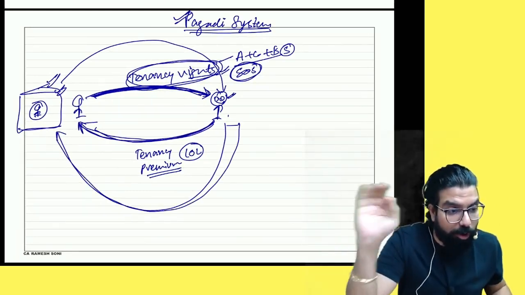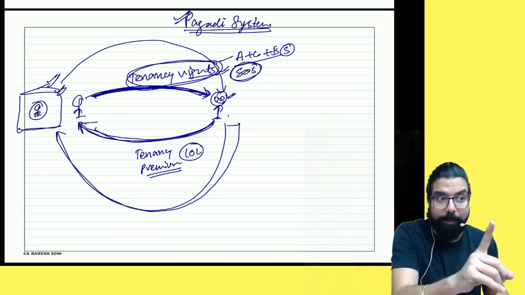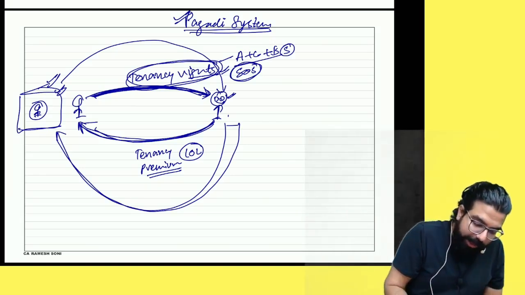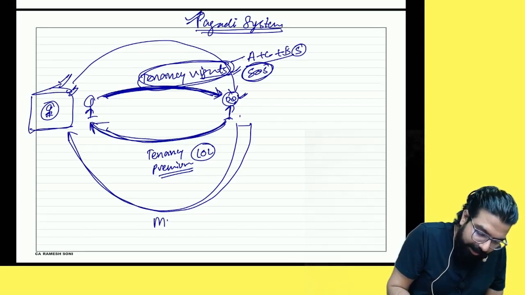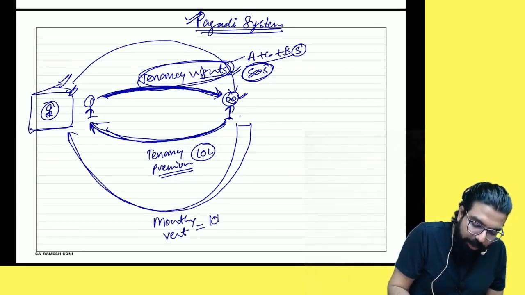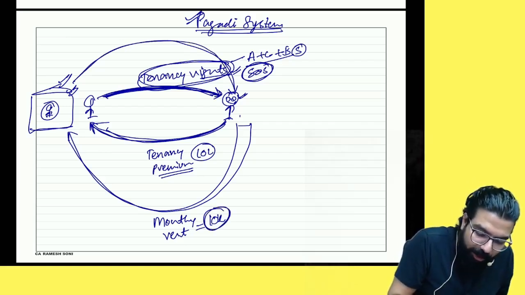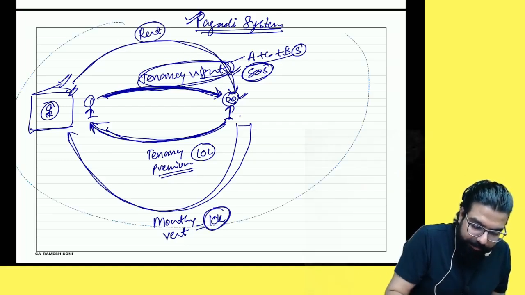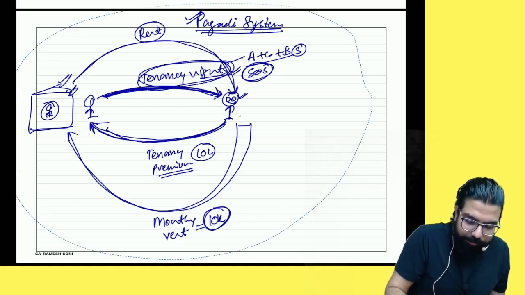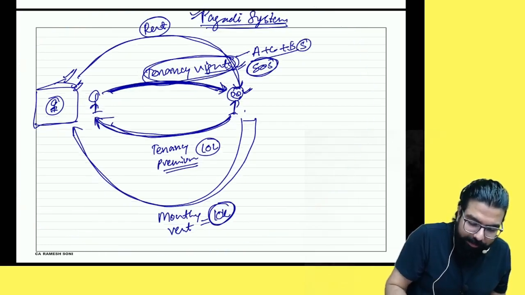Now, will I throw you out of my property? No. But you have to pay me monthly rent. Now, I am also taking monthly rent from you, for an example, 10,000 rupees. Giving a property on rent, is it supply of service? Is it supply of service? One minute.